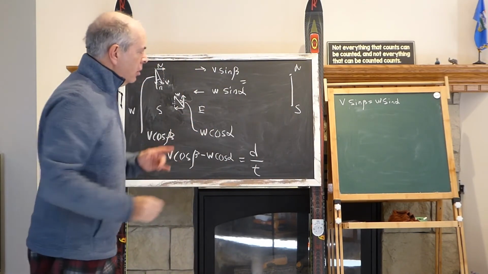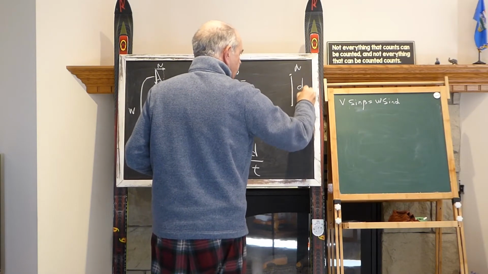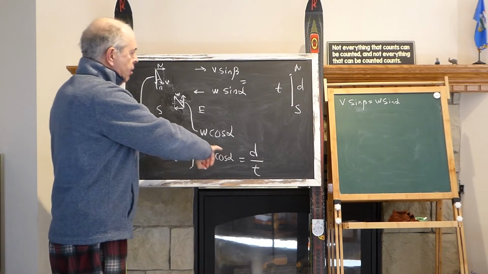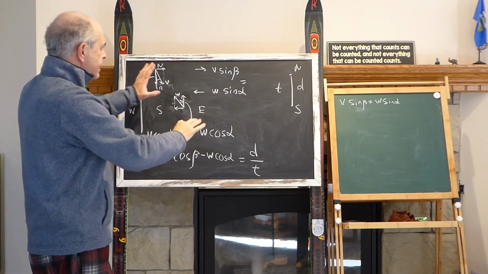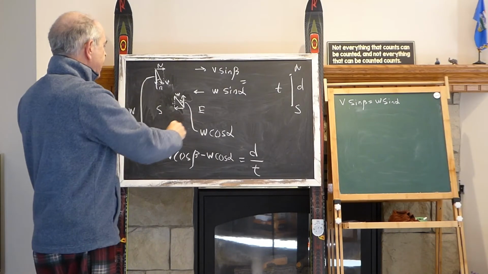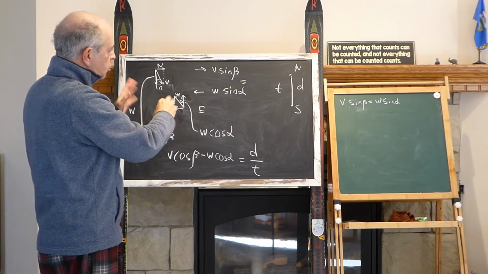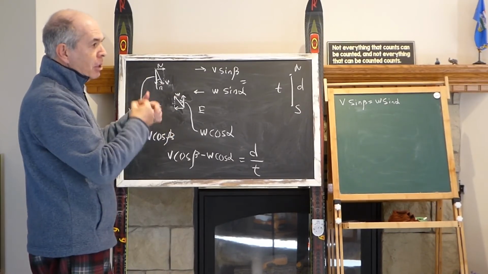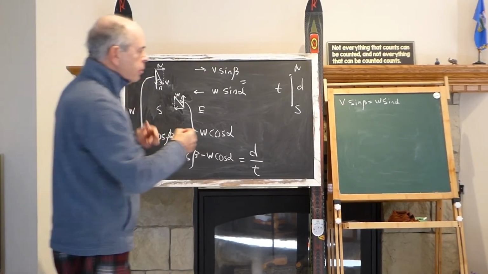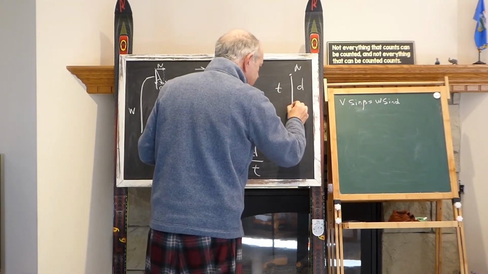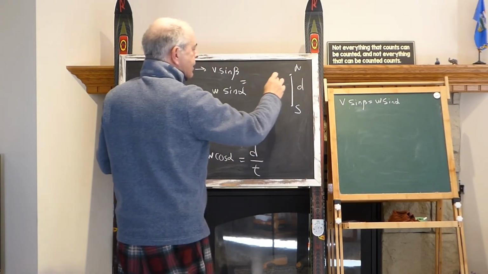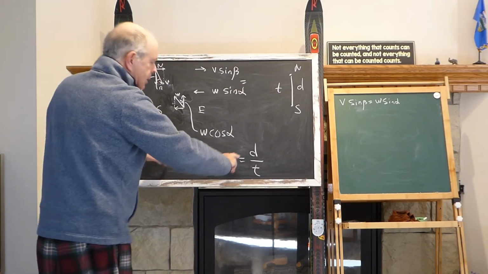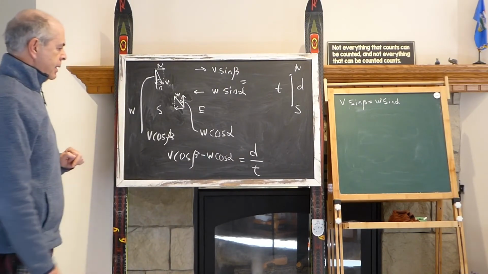So with all those components, this way, that way, it looks like it's two-dimensional, but it's not two-dimensional movement. The components are two-dimensional, but the movement is still one-dimensional along the straight line. Distance d is covered during the time t, and this is the speed. D over t is equal to this.